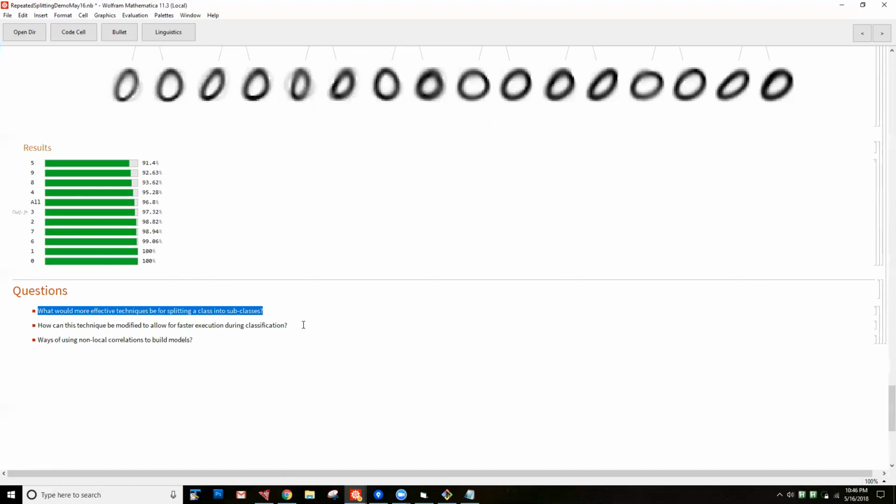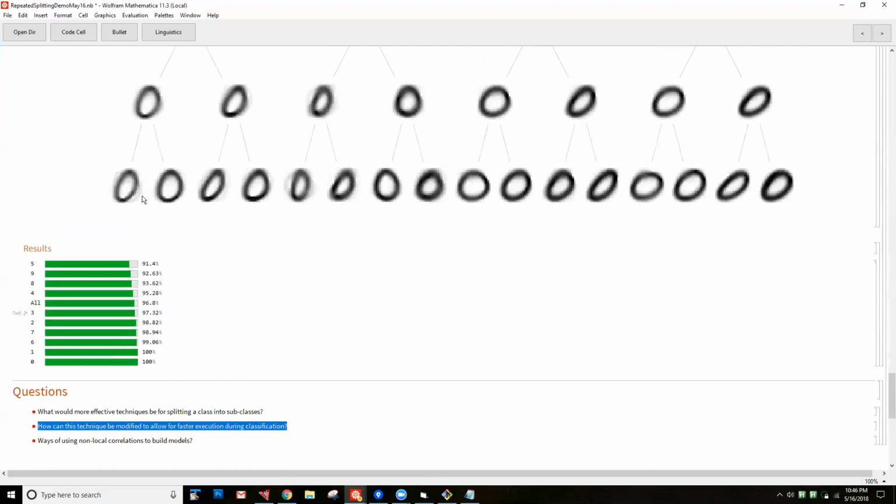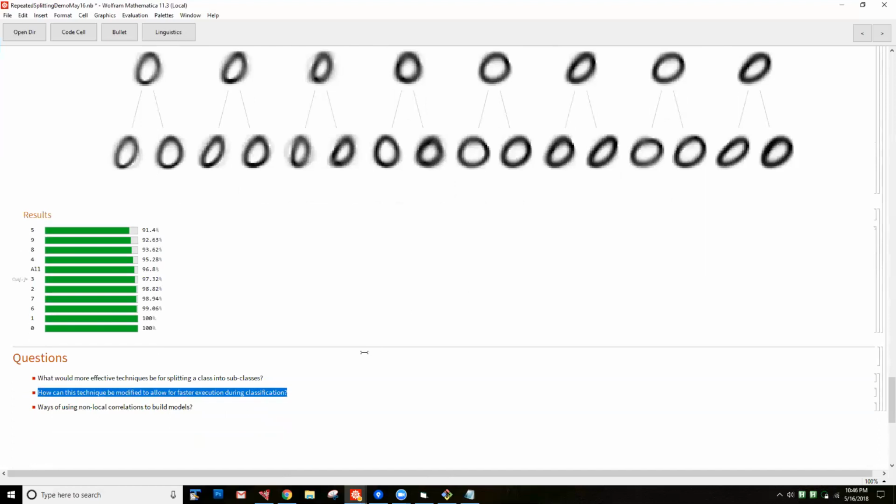Another question is execution time. If you have 256 subclasses of a 0, then for all digits you've got 2,600 subclasses, and to do a classification, you're doing a lot of image comparisons, and it's not really practical.